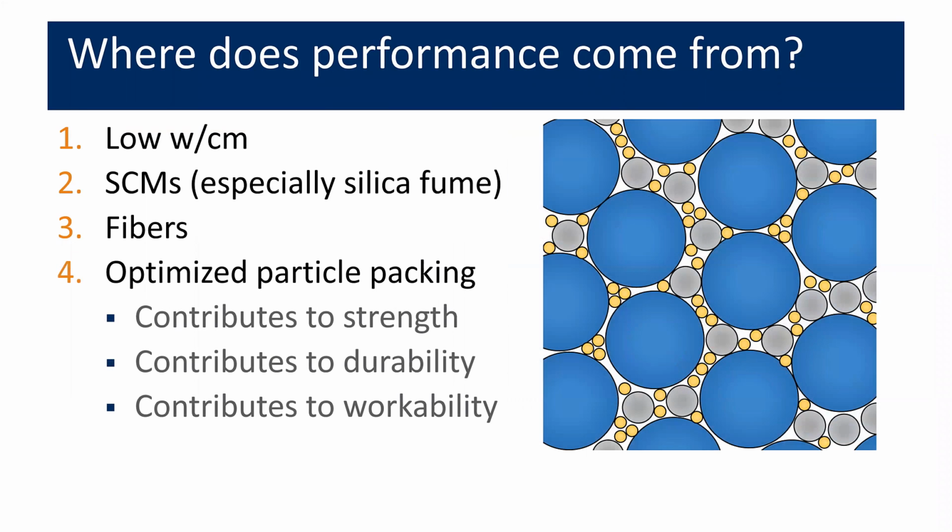But really what it comes down to is that the performance of UHPC is going to be based largely on an optimized packing of particles. We're talking about making the material as dense as possible, and so we need to be able to fit particles together from all different size ranges, with the fine aggregates being some of the coarsest materials in the system, all the way down to silica fume being the smallest material in the system.